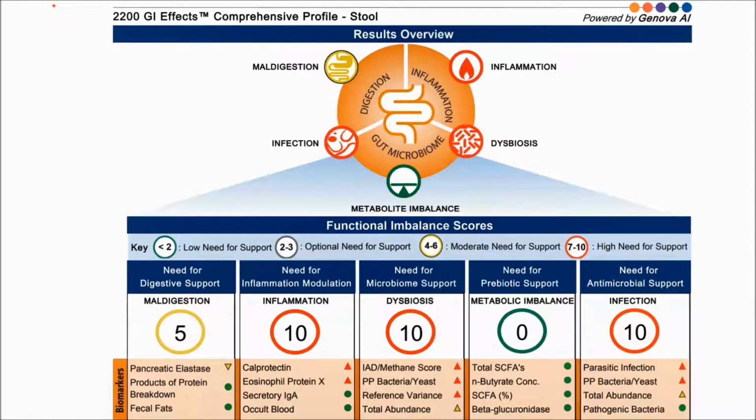The final and the fifth category of information on function that the comprehensive stool analysis will give is: is there any infection? It's going to look for parasites. It's going to look for candida, particularly yeast that are bad.